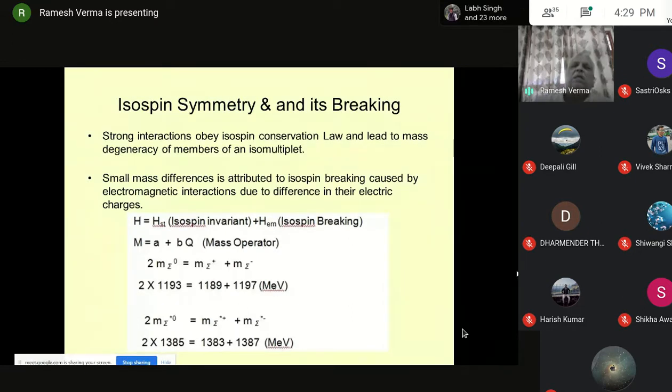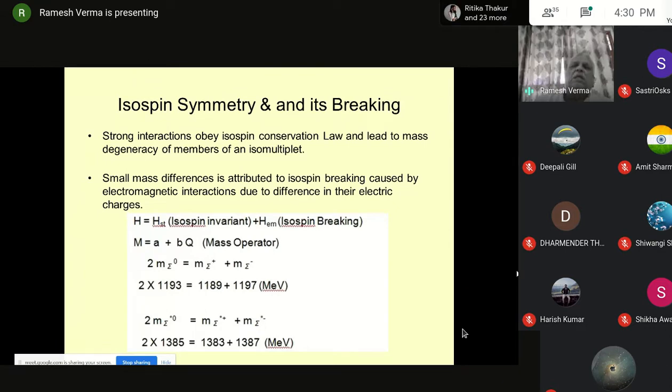So if we choose B to be along that direction, then only the third component of spin, or the magnetic moment, will come. And you know that magnetic moment is essentially given by e over 2mc times the spin operator.